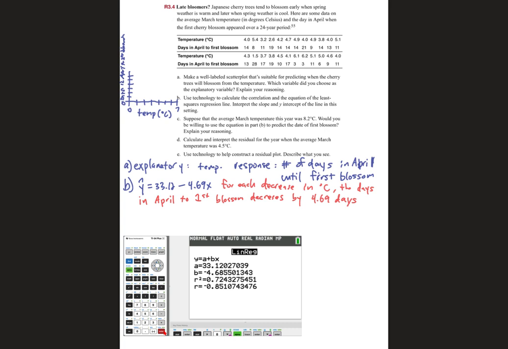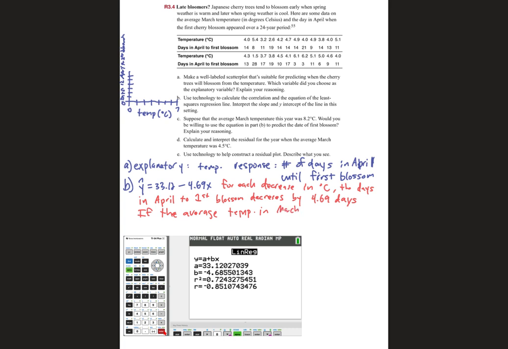Okay, so we'll say, let me see. Yeah, so we'll say if the average temperature in, these are average temperatures in March.